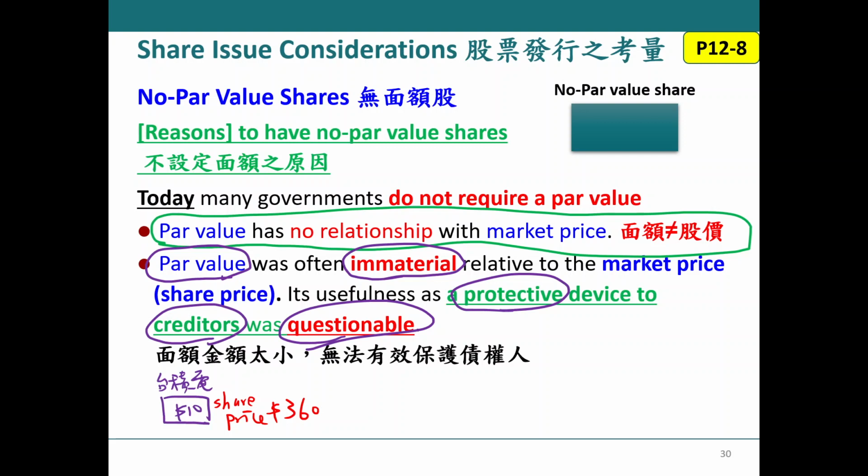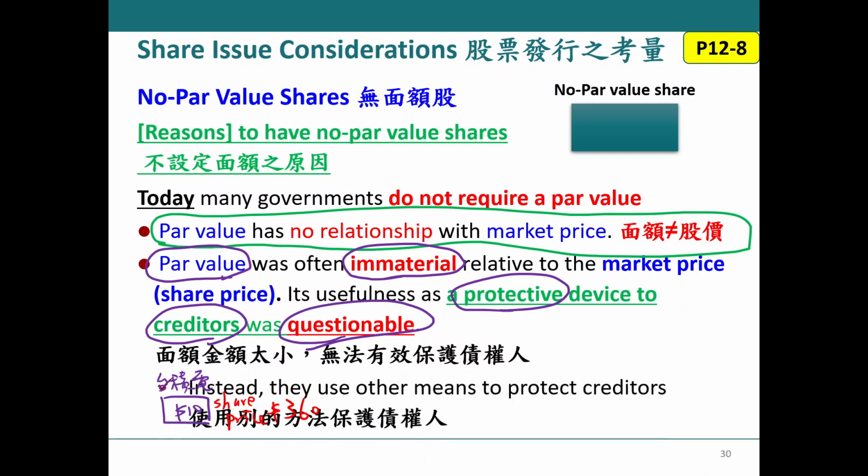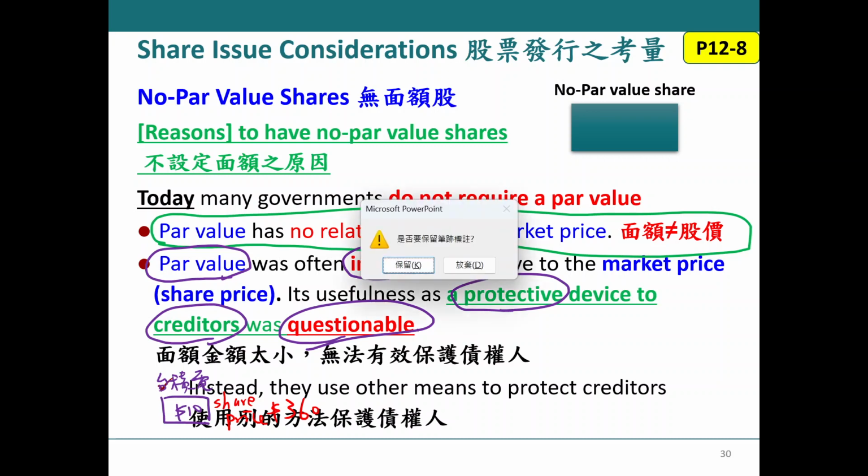So they think the number is too small to protect creditors. They want to use other methods, so they give up this method. They don't think it's a good way to protect creditors, so they are going to use others.